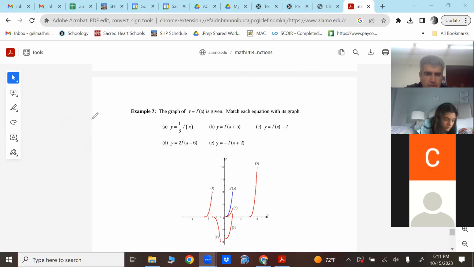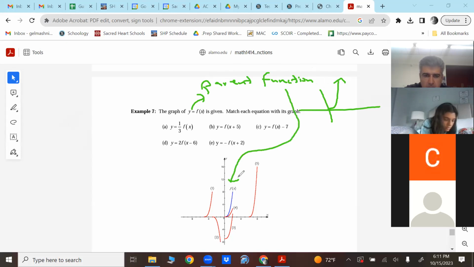Let's say the parent function, so it's kind of like half a parabola. Actually, they give it to you in blue. It's right there. So you have 5 other graphs and 5 equations.